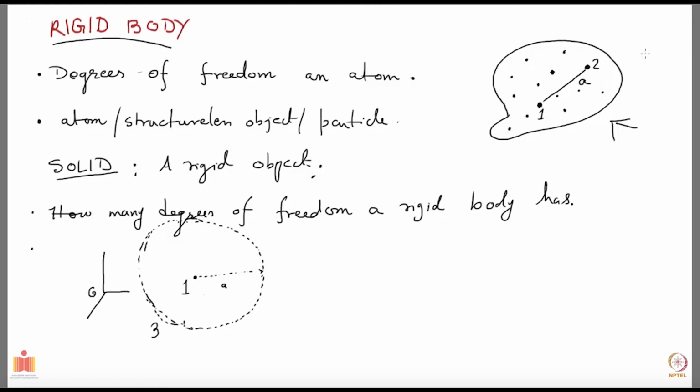Because you can take this body and turn it and move it around, and the location of particle number 2 will change, its orientation will change, but the fact that it is a distance a away is not going to change. So it can live anywhere on this surface. So to tell that I want particle number 2 to be here, I have to specify two things.